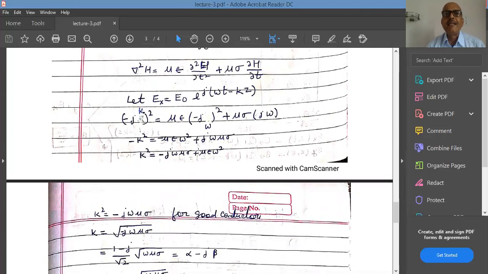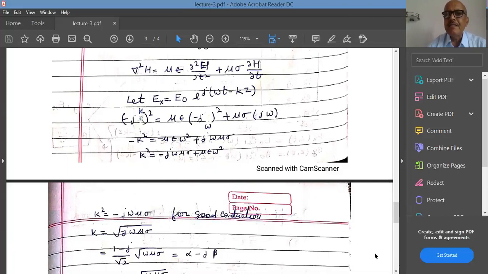If you look at the term along with sigma, if it is a good conductor, the conductivity will be very high. So the imaginary term will dominate over the real term. That is why for a good conductor, this k square can be approximated as minus j omega mu into sigma. If you don't agree with this logic, you can find out the roots k by considering both the terms, and the physics will remain the same.